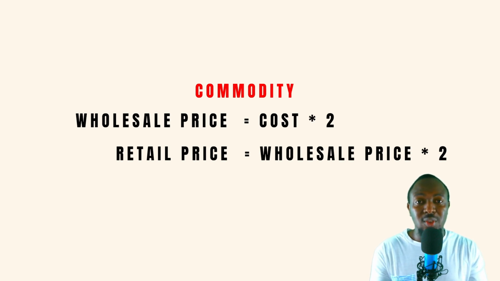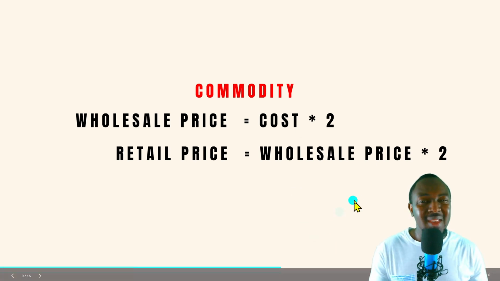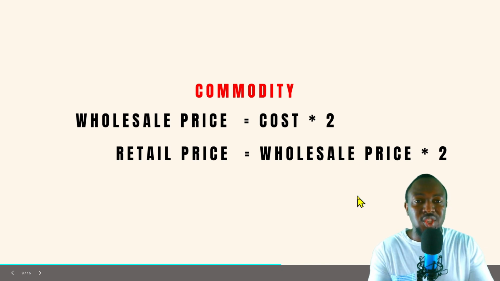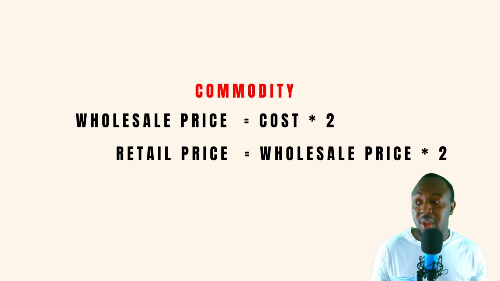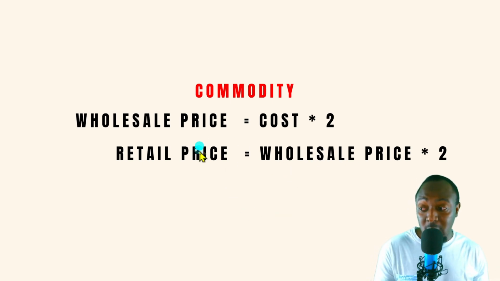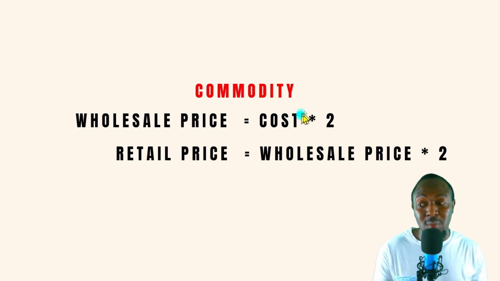To give a price tag to your product, this is the formula everyone uses, but most people do not know it, so they do not use it. To calculate the wholesale price, it is the cost that you calculated times 2. That gives you your wholesale price.